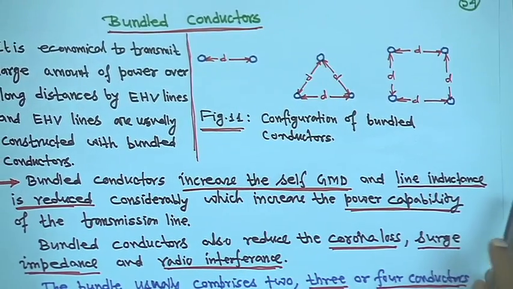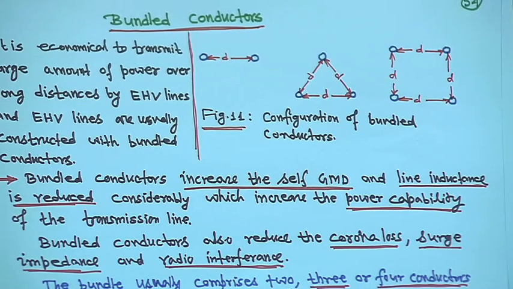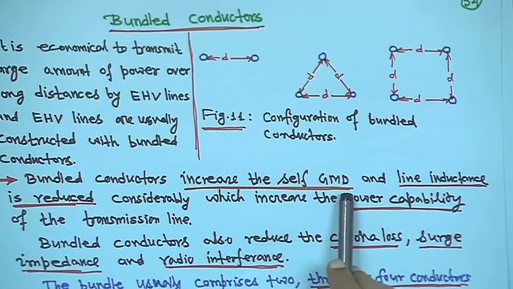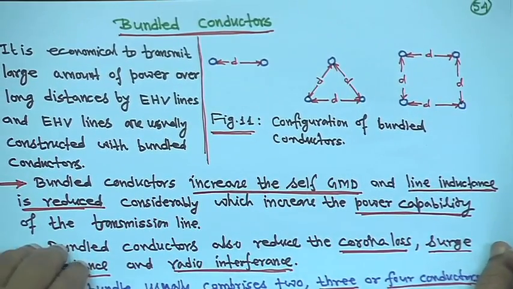For EHV transmission lines, generally bundle conductors are used such that the self GMD increases and the line inductance is reduced, which increases the power capability of the transmission line, because if inductance is less, then reactance will be less and the power transmission capability will increase.